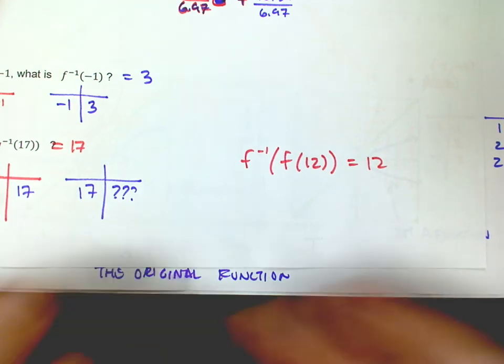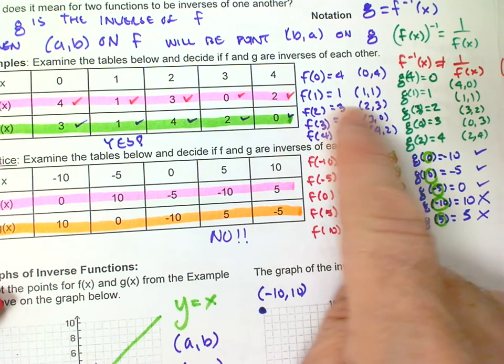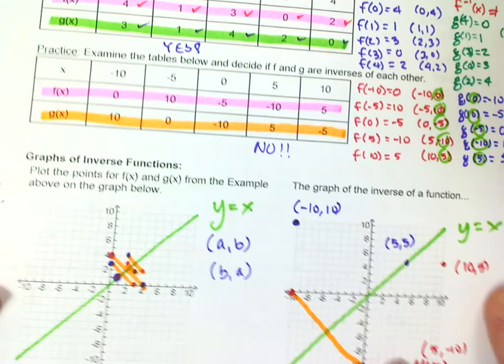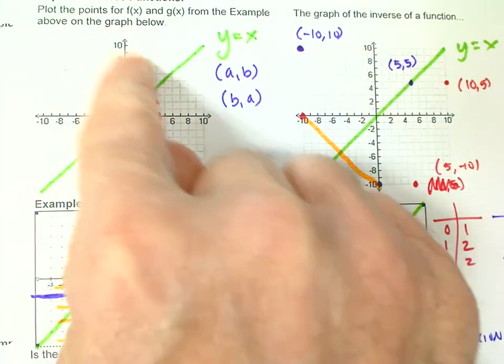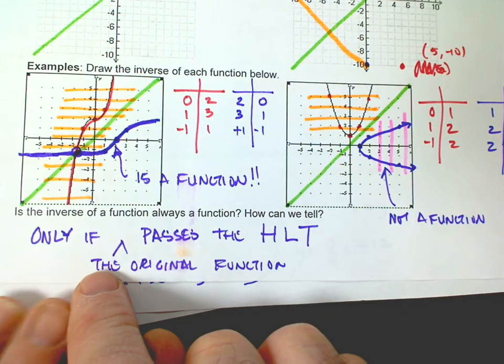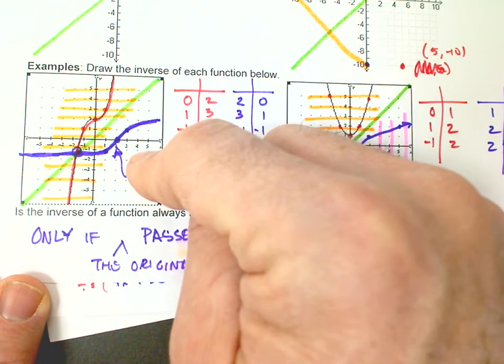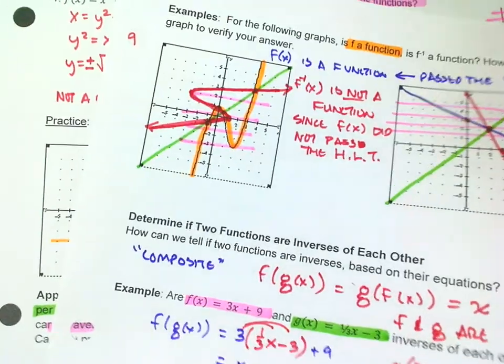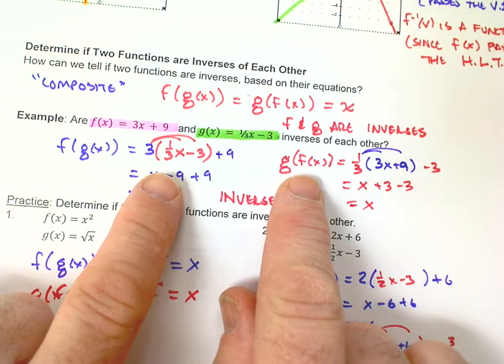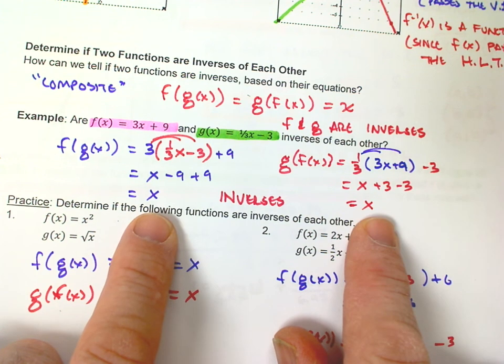All right. So hopefully you're able to manage through each one of these. By definition, knowing that I'm just switching my A's and B's, I should be able to recognize that they are a reflection across the line y equals x when I graph them. Understand the horizontal line test tells me that the inverse will pass the vertical line test. And I can check that we have inverses by substituting in and getting x when I solve those.